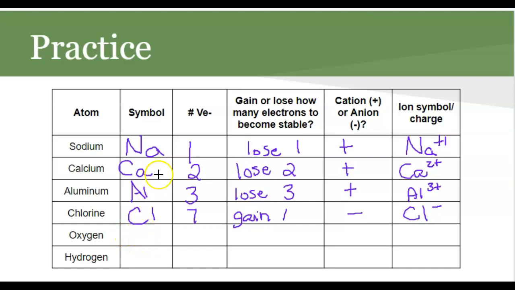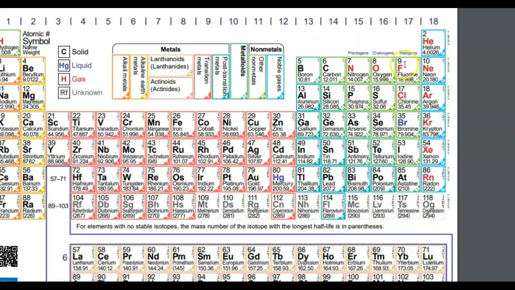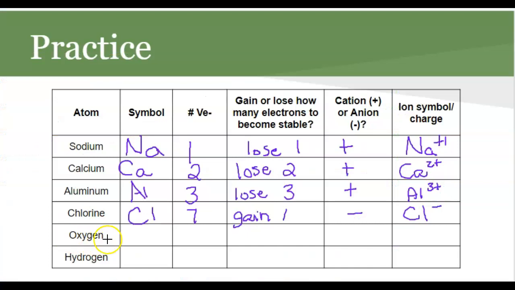Oxygen is number 8. It has 6 valence electrons. So when we're thinking about how we might do that, it's going to be easier for it to gain 2 than do anything else. And as a result, it is going to become negative, and we would just put O minus 2.